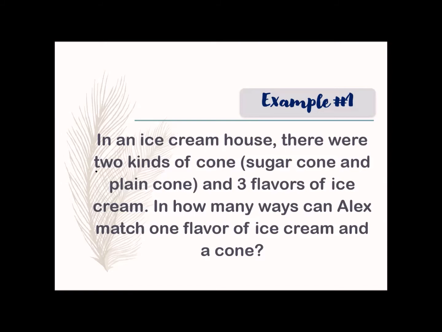So, we have here the 2 kinds of cone, particularly the sugar cone and the plain cone. I hope you could distinguish the difference between the two. Later on, mapapakita ko sa inyo through a picture. And as well as, we have 3 flavors of ice cream. So, ang kailangan nating malaman ay, in how many ways can you make an ice cream out of these events?